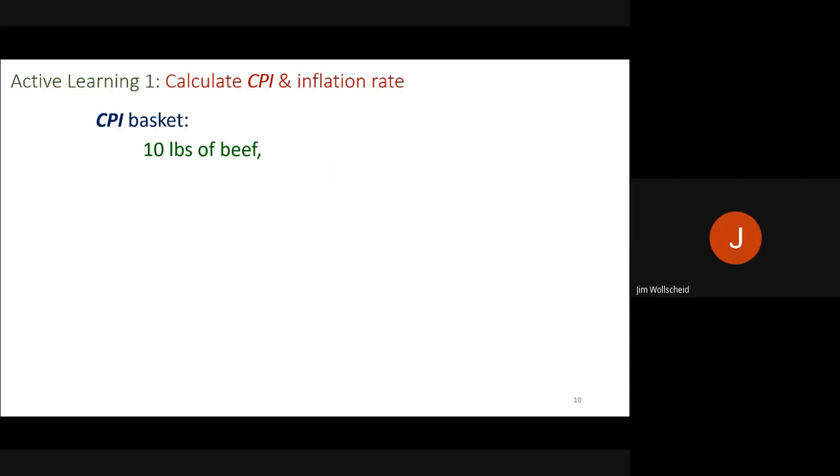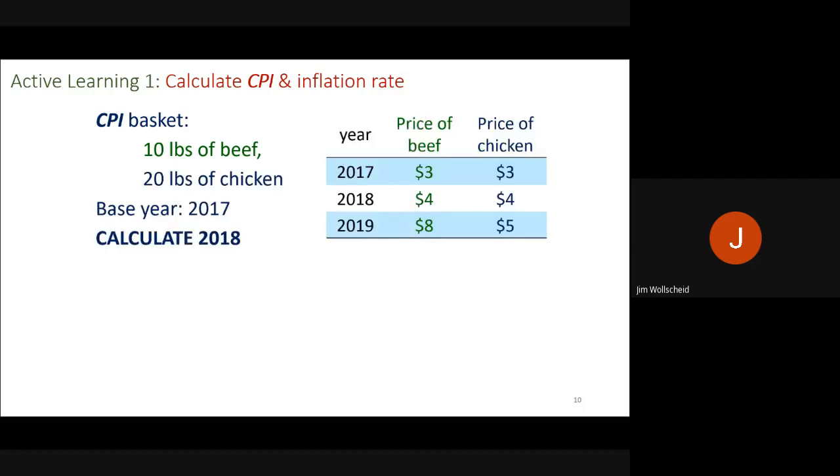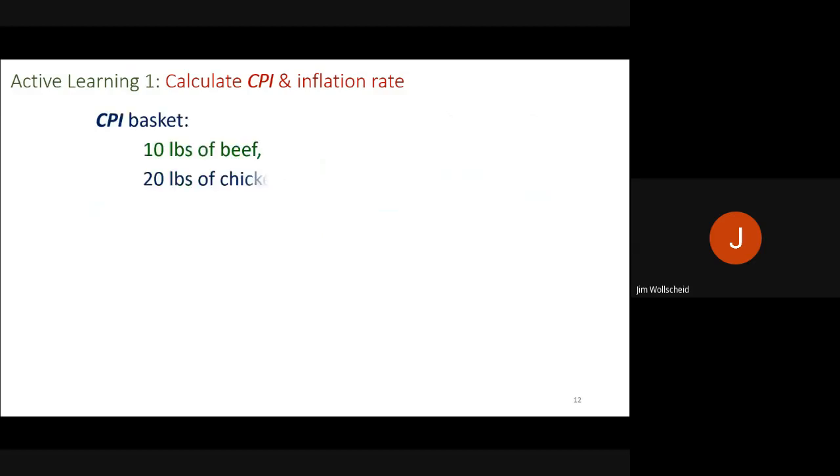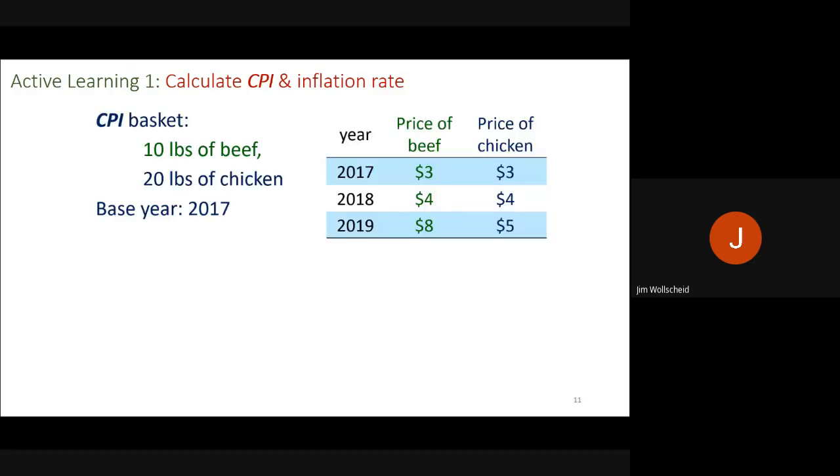So for 2018, do 120 divided by 90 times 100. And then finally for 2019, what we do is we take 80 plus 100.